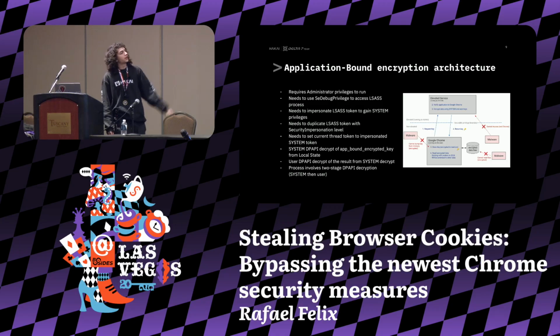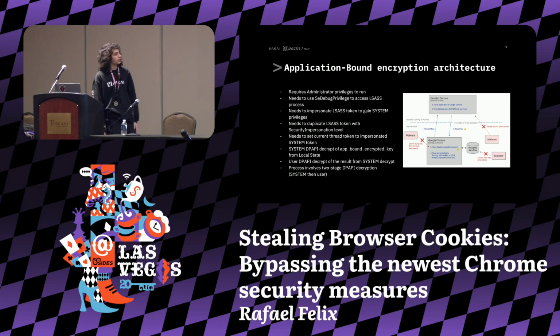So then you need to duplicate the token with the SecurityImpersonation level. Then you need to set the current thread token to the impersonated system token, following the system DPAPI decrypt of the AppBound encrypted key using the CryptUnprotectData call.